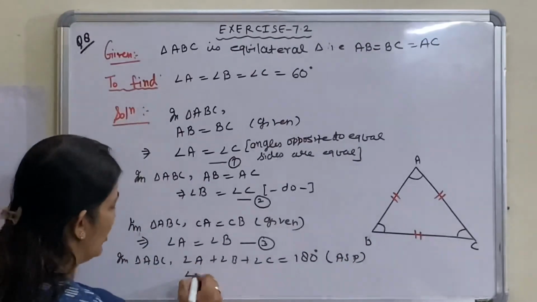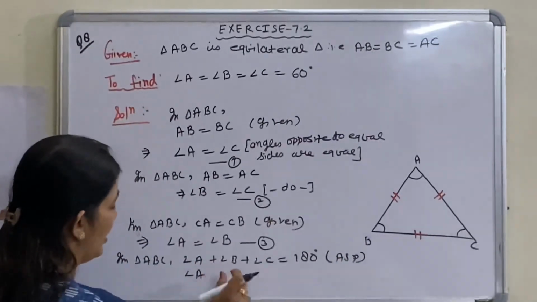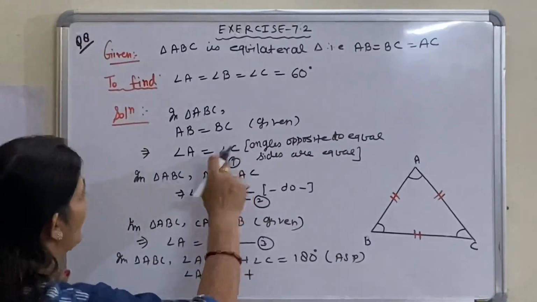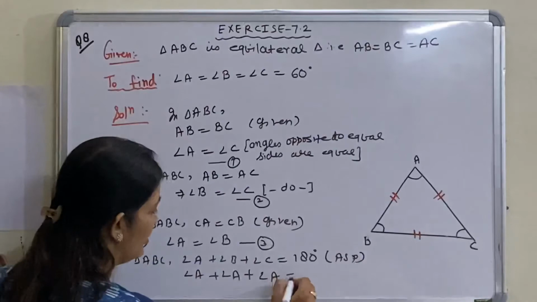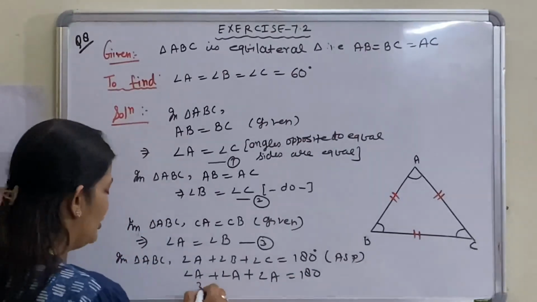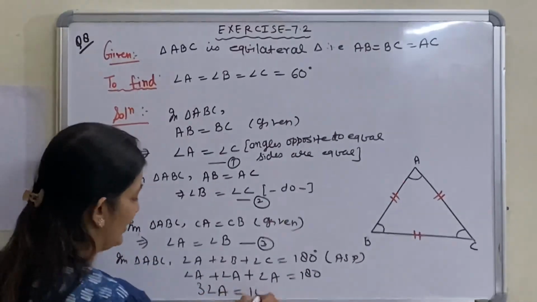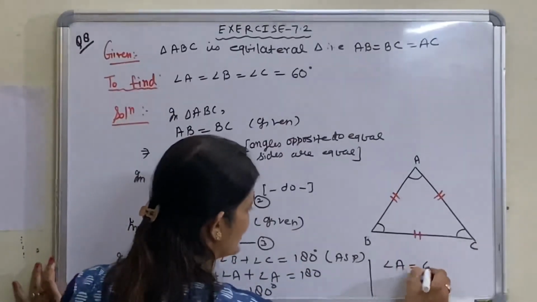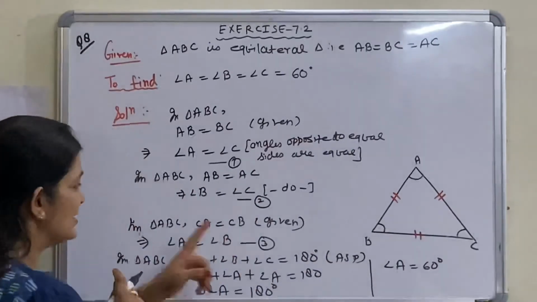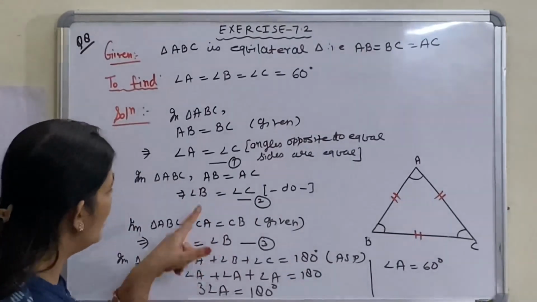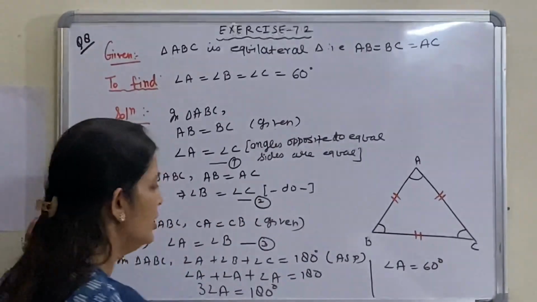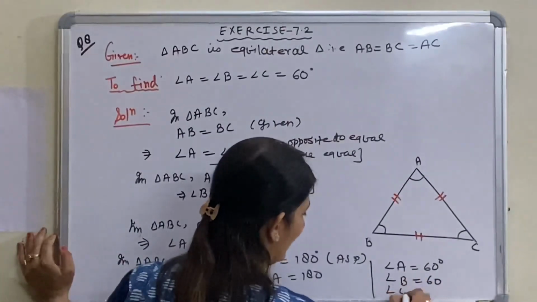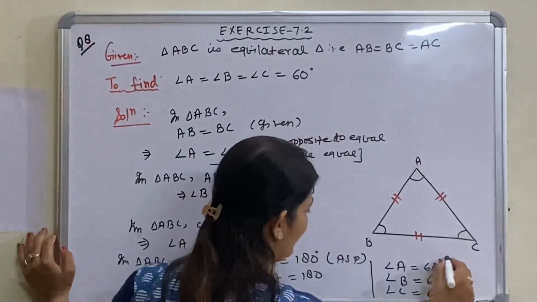Keep angle A as it is, and in place of B what can you write? Angle A. And in place of C also angle A. So it is 3 times angle A is equal to 180 degrees and angle A will be 60 degrees. And if angle A is 60, then angle B is also 60, and if B is 60, then C is also 60. So that implies angle A is 60, angle B is 60 and angle C is 60 degrees. Answer.